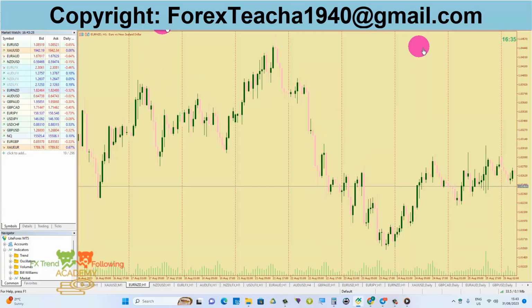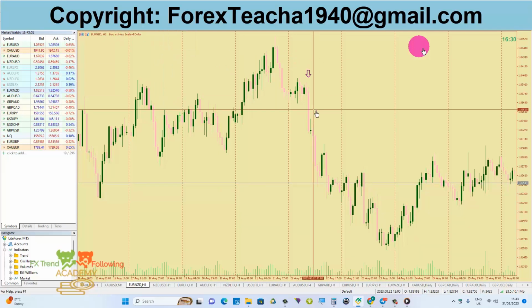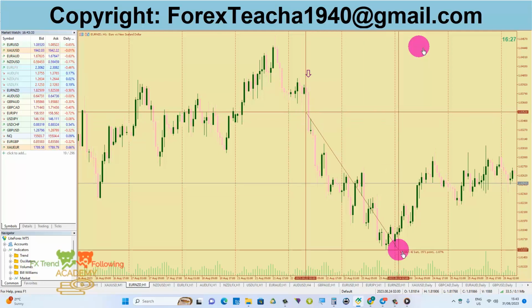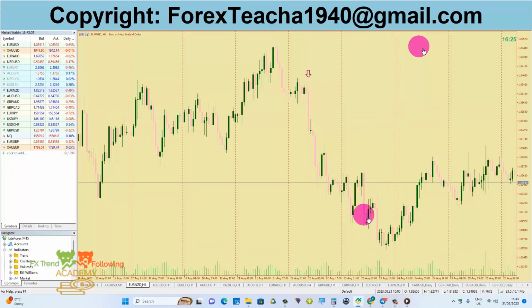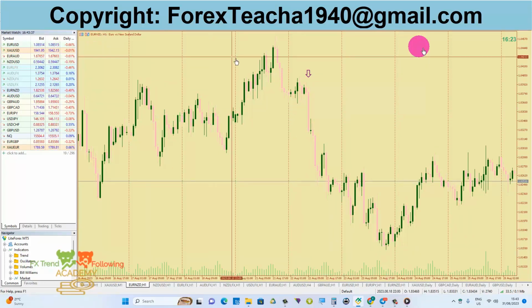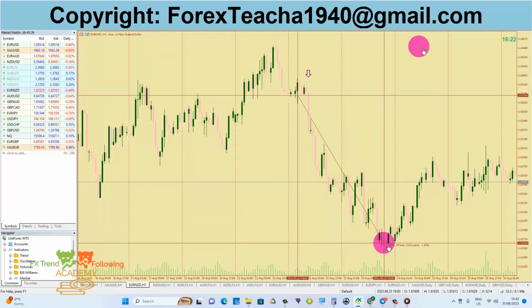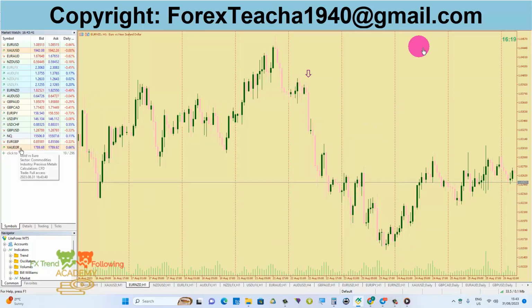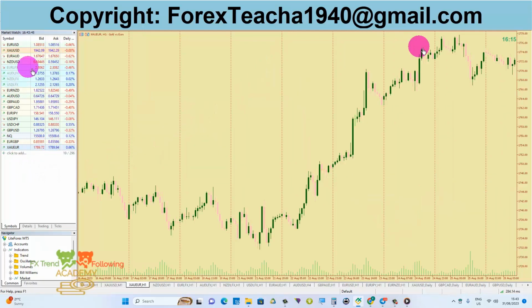And also the Euro New Zealand was running 199 pips, but it ended up reaching somewhere around 220 pips. And the gold Euro also reached close to 400 pips from the 22nd of August when I placed the trades.